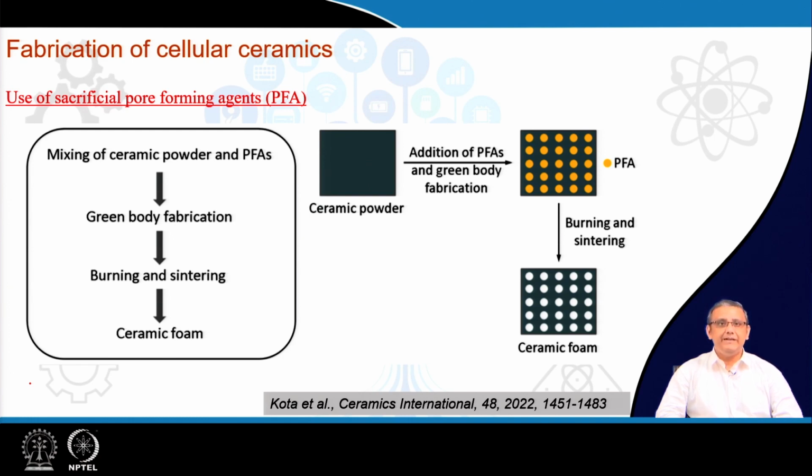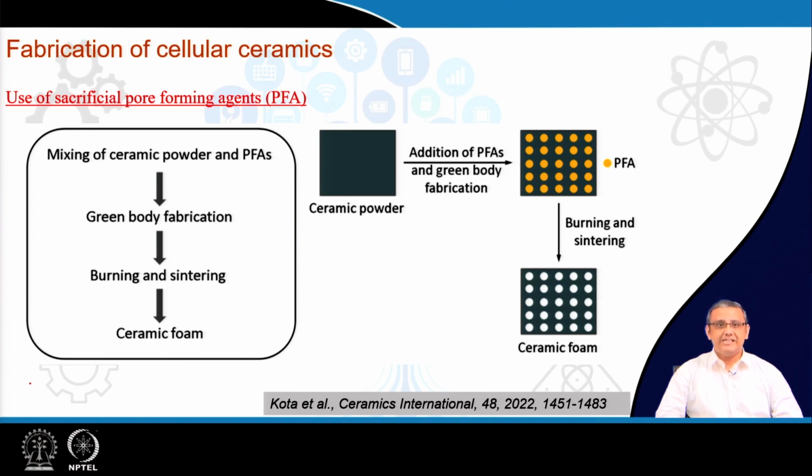The first stage begins with the mixing of the ceramic powder and the pore forming agents. The pore forming agents can be anything, such as polymer wax, or inorganic components like sodium chloride or potassium carbonate, and also some metals having low melting point like aluminum. These can also be used as pore forming agents.